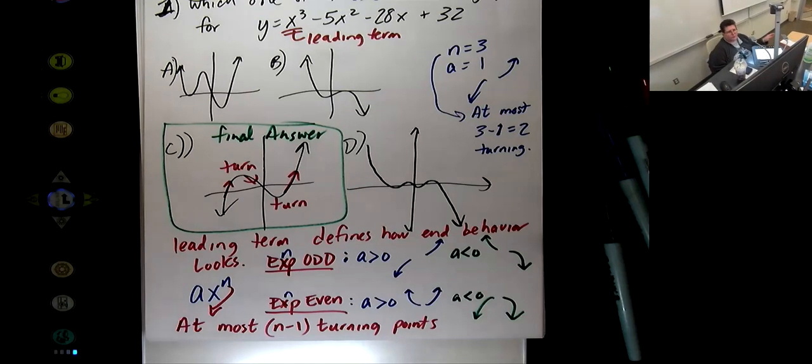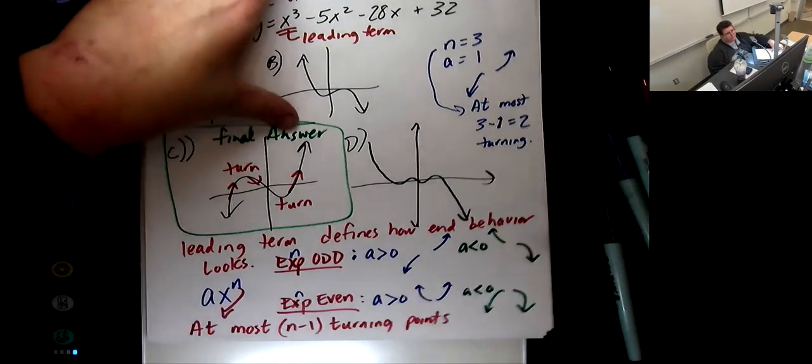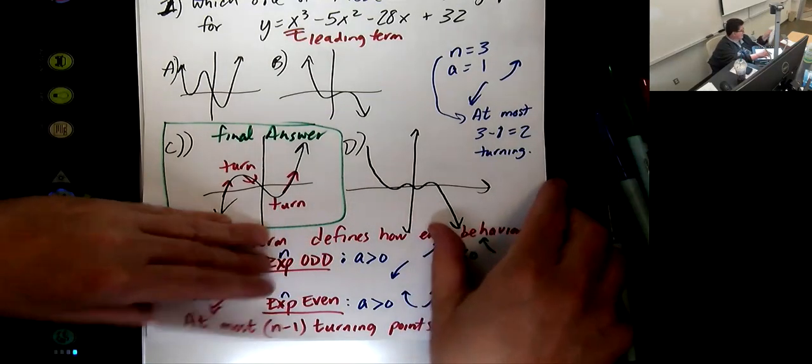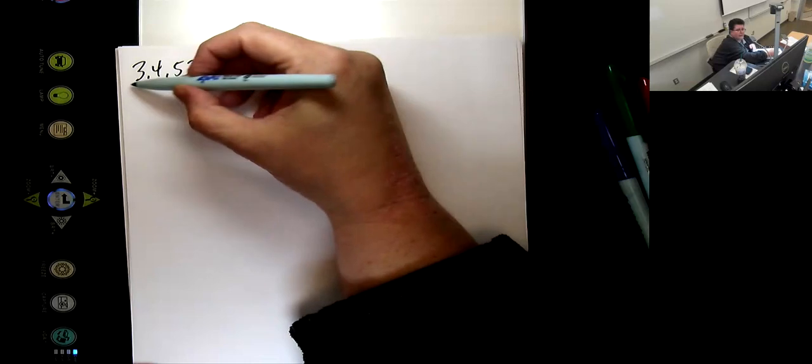Also brought to us from 3.4. So this is 3.4. It says 3.4.53 at the very top.